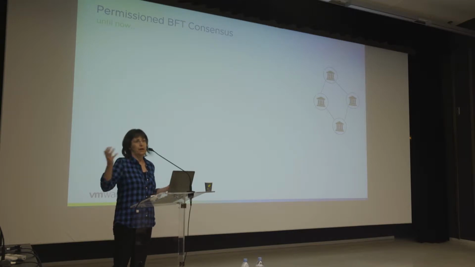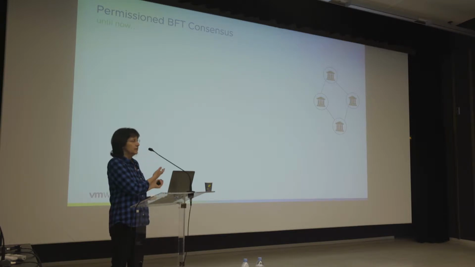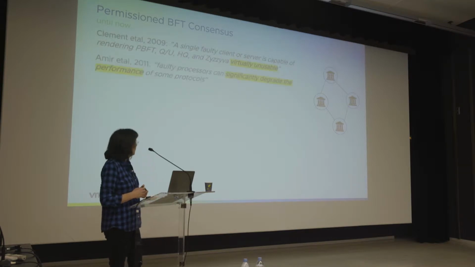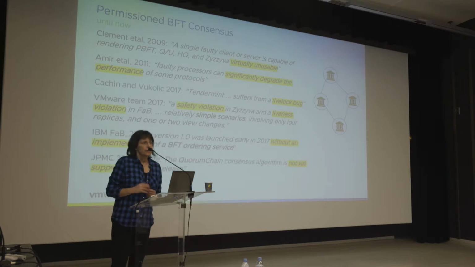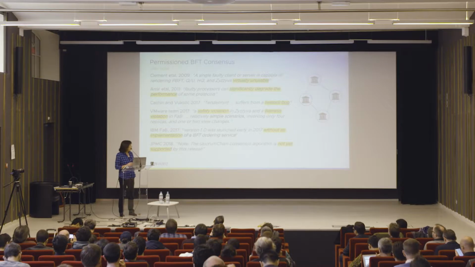Now, I said that we have decades of research and hundreds of publications in this arena. We also have academic and not just academic, serious industrial efforts to build common platforms that the community can trust. So how did that work so far? Unfortunately, the situation of this arena is pretty grim.